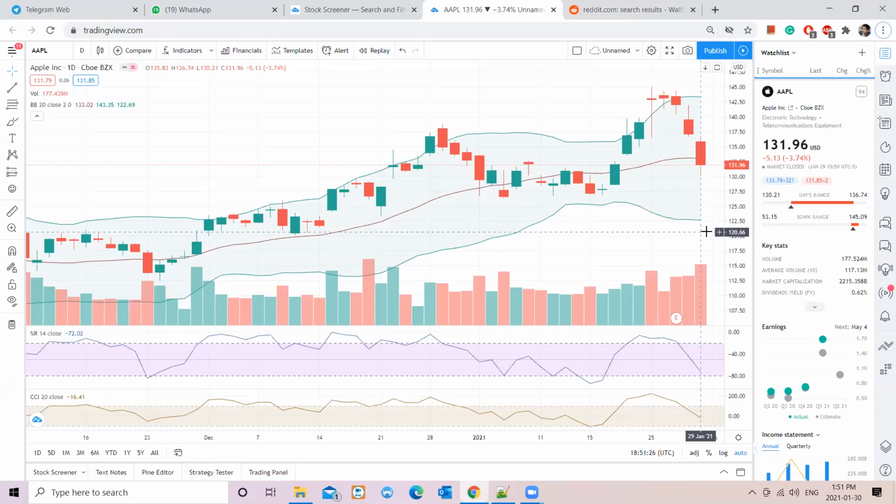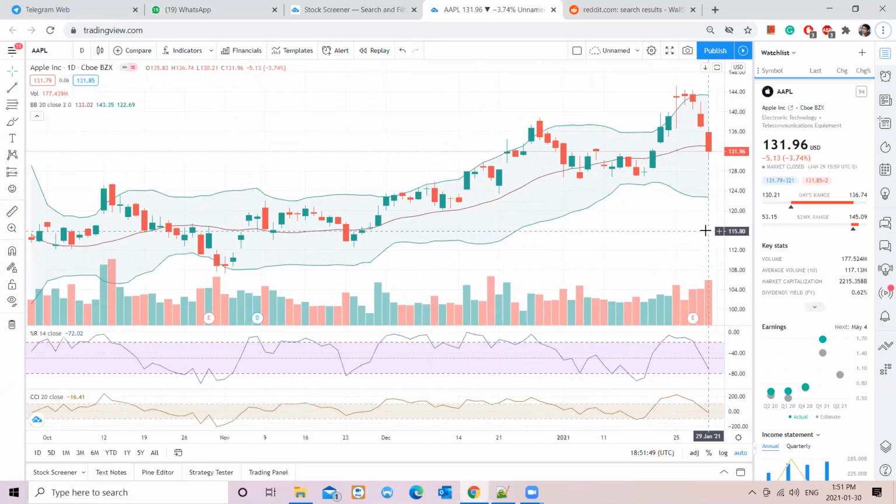That's it. 121. One, two, three, four, five. 5 hits at that level at 121. And this is within a very short duration. You're just talking about within a period of the last 2 months only. Yeah.